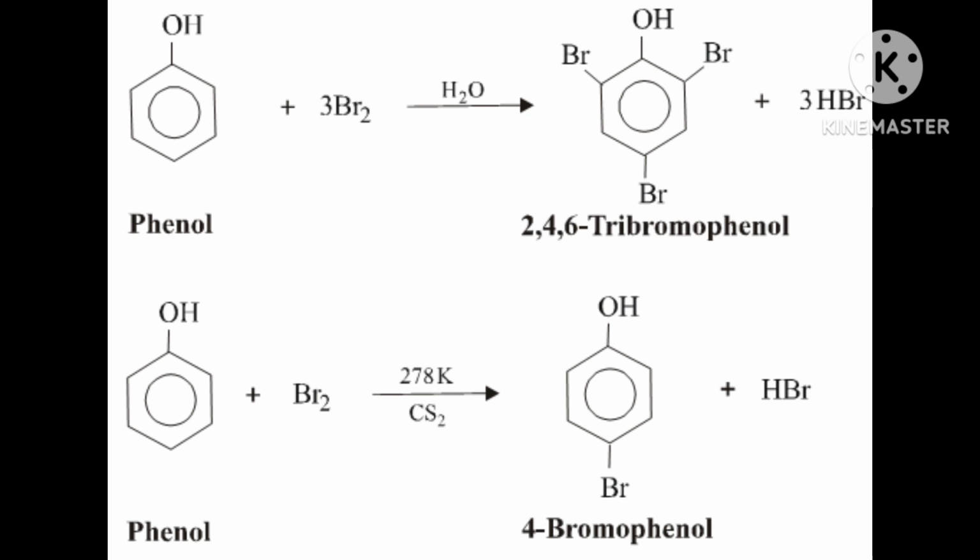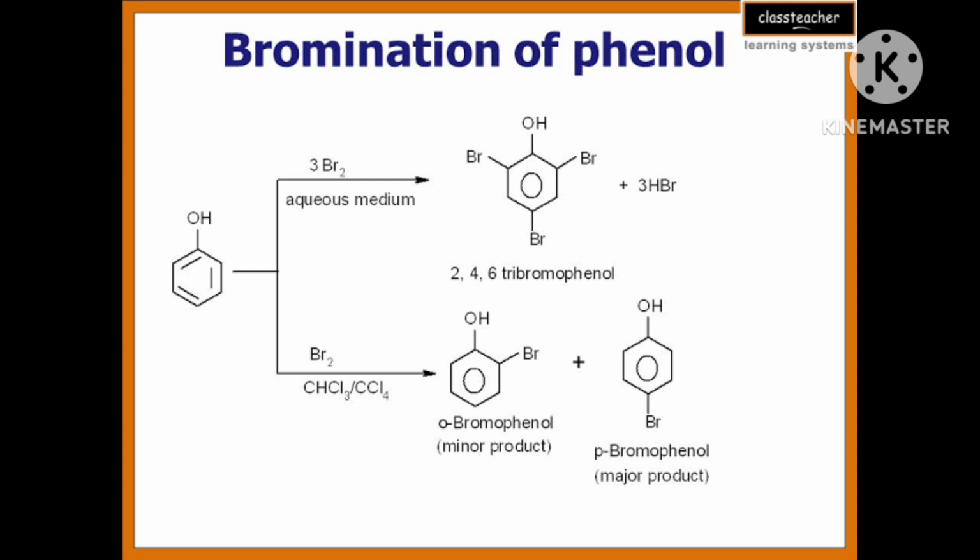Because it will make bonds with water, it will be very heavy. If more vapors are there, it will make more bonds with water molecules. It will become heavy, then it will not be volatile.